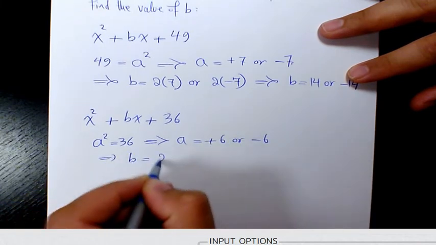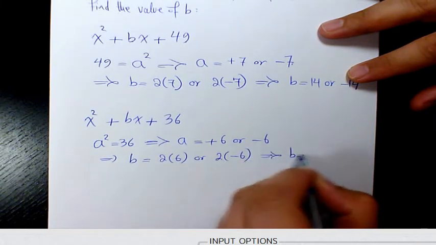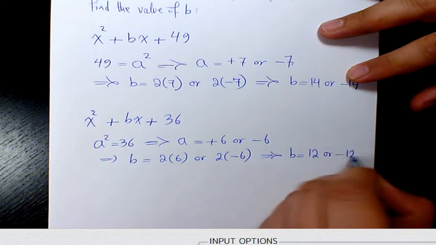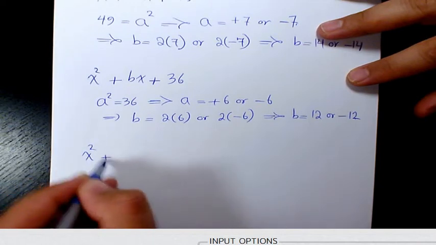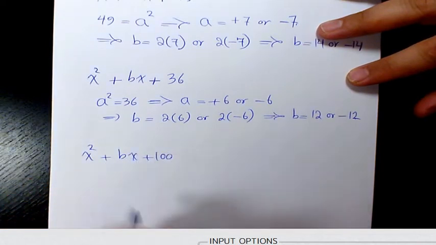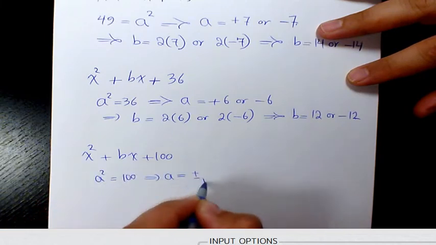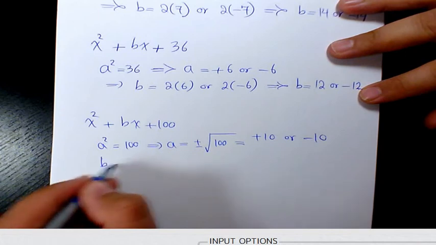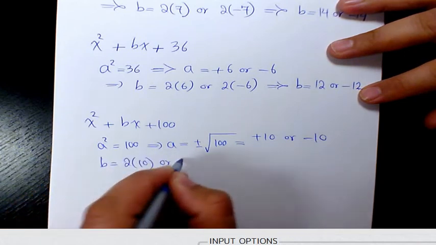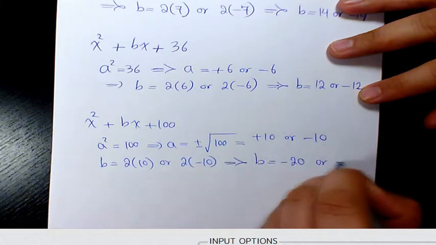Therefore, b is going to be 2 times 6 or 2 times negative 6, which means that b is either 12 or negative 12. x squared plus bx plus 100. a squared is 100, which means that a is positive or negative square root of 100, which is positive 10 or negative 10. So b is 2 times 10 or 2 times negative 10, which means that b is negative 20 or positive 20.